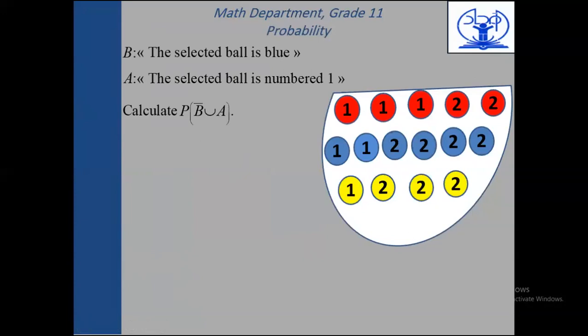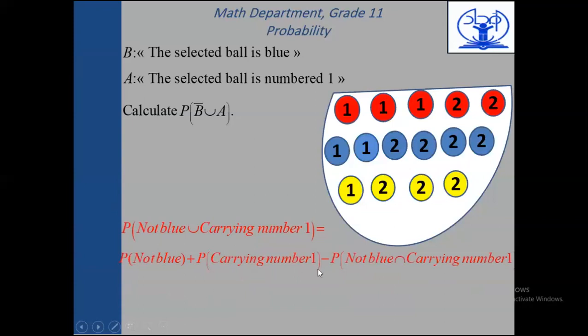Again, I advise, since you have a union here, which means "or", which means at least, especially with a bar like a conjugate, "not", I think that some students may try to count, but it will be confusing to them. I advise in the case of the union to apply a formula. So this will be probability of this plus probability of that minus probability of this and that. I think this is much easier and not confusing to students.